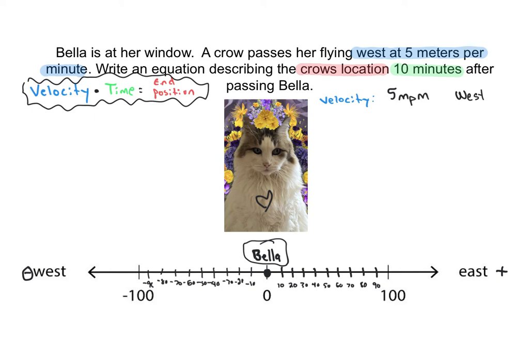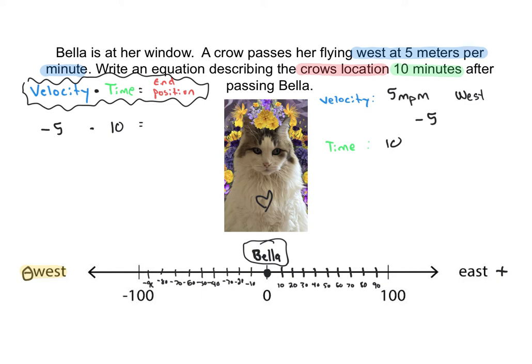Since west is all of our negative numbers, that means that this is going to be a negative 5 in the equation. So my velocity is going to be negative 5. My time is positive 10 because of 10 minutes. So time is going to be 10.